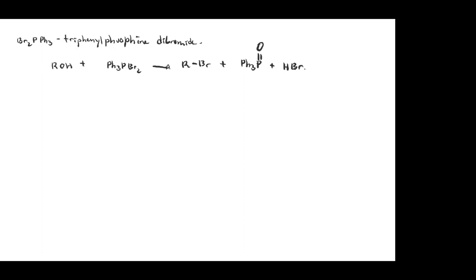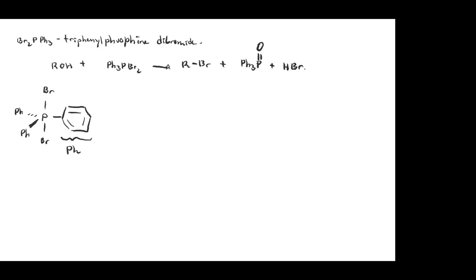Yeah, sorry, Ph is phenyl. So I'll draw out the whole structure of the reagent. So the 6-membered ring with the 3 double bonds, benzene ring, also known as a phenyl.